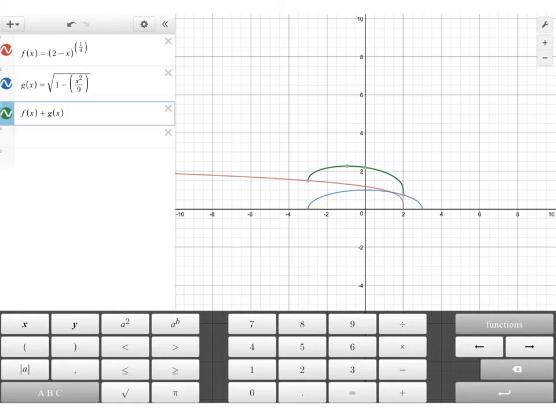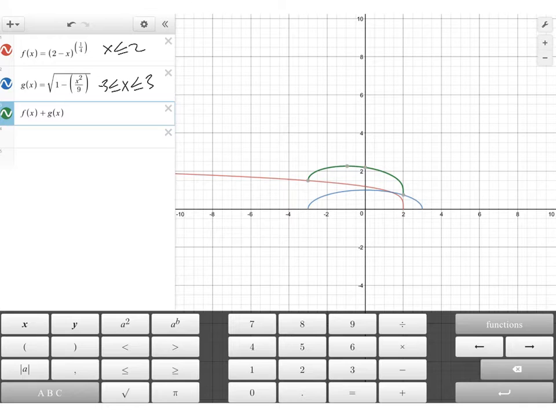So now we'll add to this the sum of the two functions, which is shown in green. Recall that when we were analyzing our graphs earlier, we noticed that the domain of f did not exceed 2. X was less than or equal to 2. We also noted that the domain of g only extended from minus 3 up to positive 3.